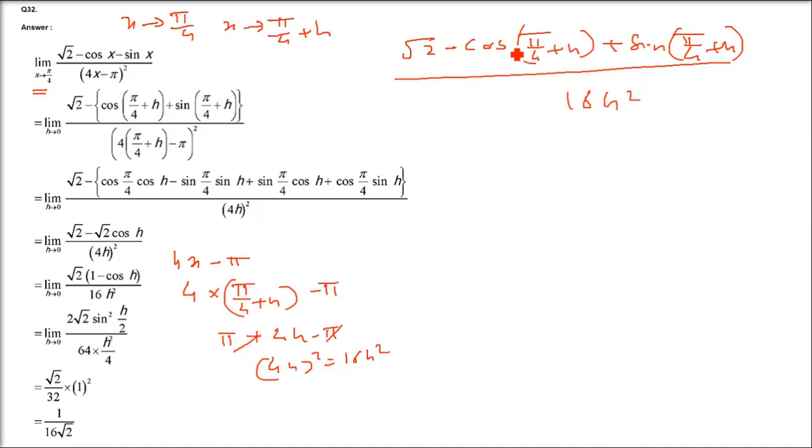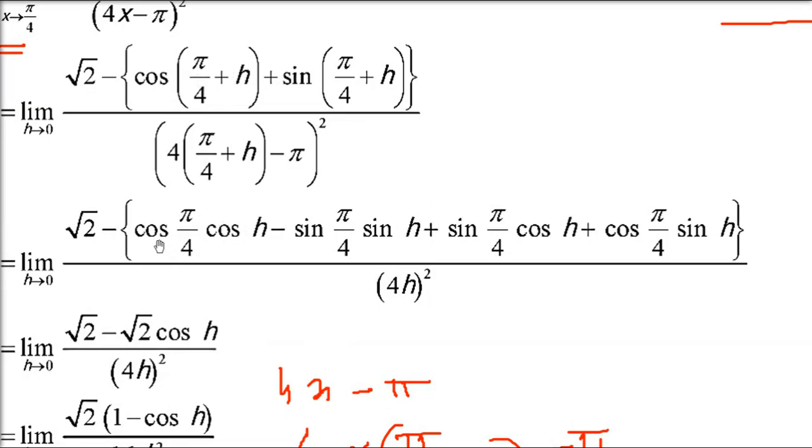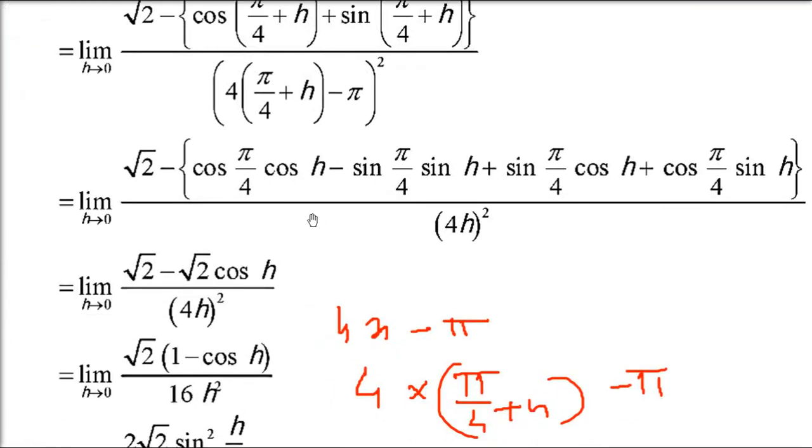Okay. Now you see this cos pi by 4 plus h. Cos a plus b formula you are going to apply, and here you will apply sin a plus b formula. So cos a plus b is cos a cos b minus sin a sin b. Sin a plus b is sin a cos b plus cos a sin b. Here a is pi by 4, b is h.